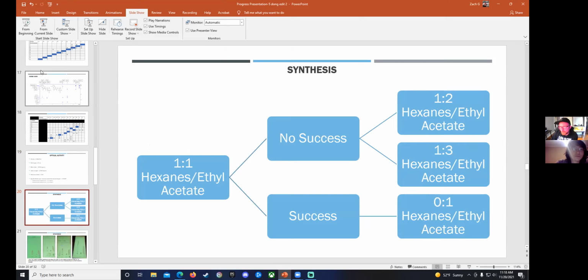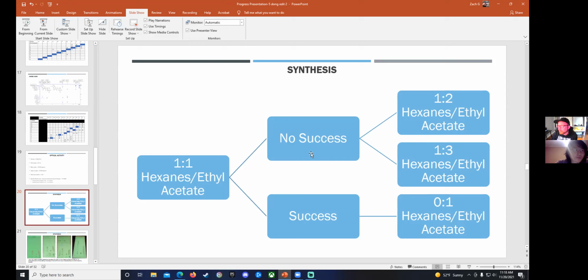So after all the identification steps had been done, we started synthesis. At this point, we were confident that our unknown dipeptide was leucine and histidine. So we started synthesis with the standard 1-to-1 ratio of hexanes and ethyl acetate.